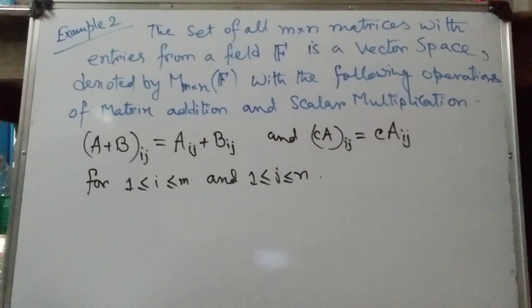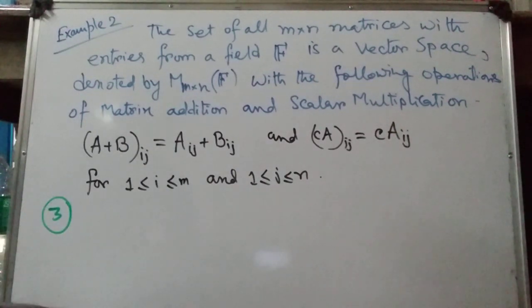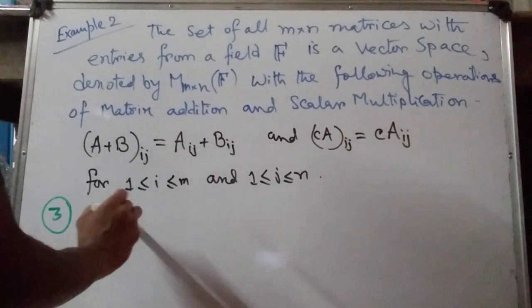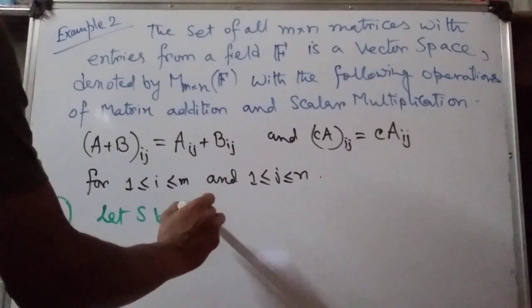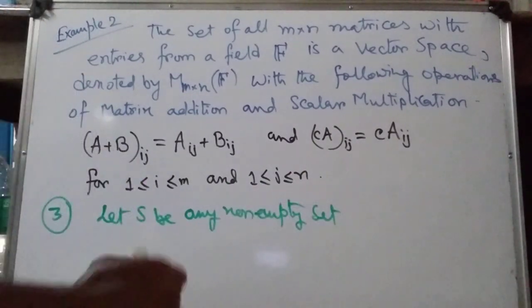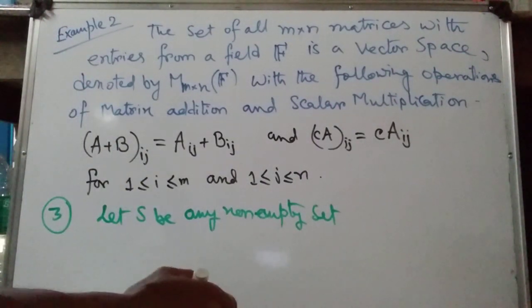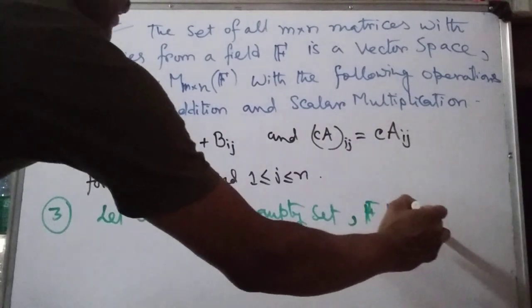Next we go on to discuss another example, which we mark as example 3. We start with polynomials. Let S be any non-empty set and F be a field.